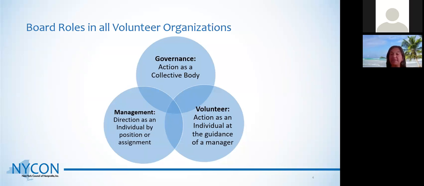And I think it's important to recognize that when a board member is functioning as a volunteer, they're not functioning in the governance capacity. They're functioning as a volunteer, accountable to whomever is in that management role, whether they're a board member, volunteer, or a paid staff person.